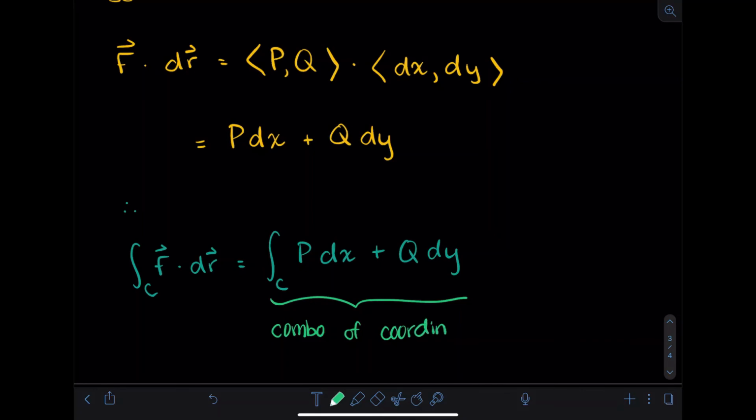And not only is it a combination, this is no longer really a vector field. This is for a scalar field. And so if we just simply transform a vector field into a form like this, we can use all the different techniques we talked about previously about how to compute, in this case, a combination of coordinates. And so then it becomes very similar to what we talked about before.